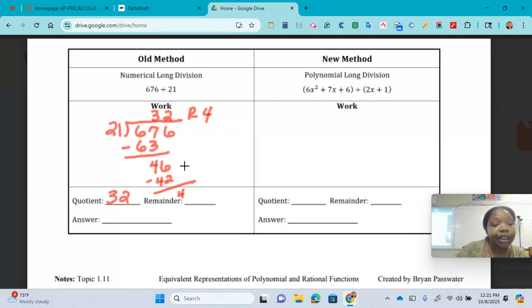Our remainder is 4. And we could actually state this as a full answer of 32 and 4 over what was already in the denominator, 21.